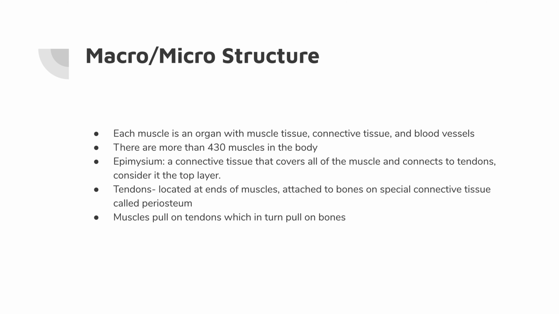We have the tendon, which connects to that special tissue periosteum. The tendon then becomes a different setting of layers of connective tissues, and then the muscle is in between those layers of connective tissues. So like we mentioned several times, the muscles are going to pull on the tendons, which in turn are going to pull on the bones, and the reaction that we have is going to be movement or action.